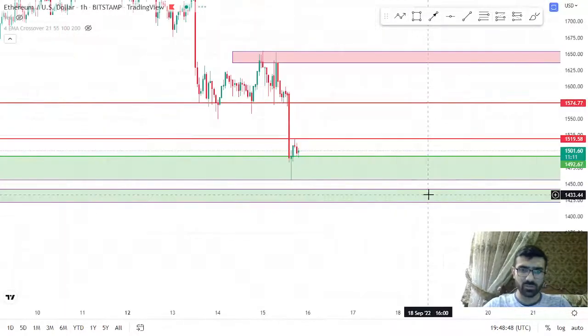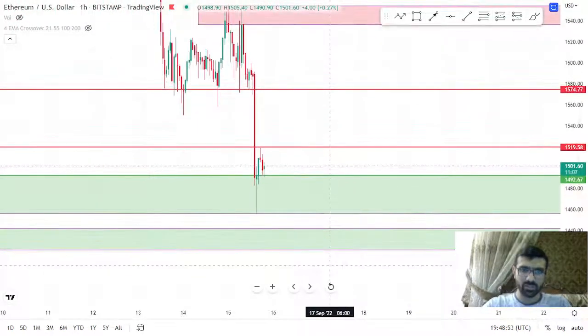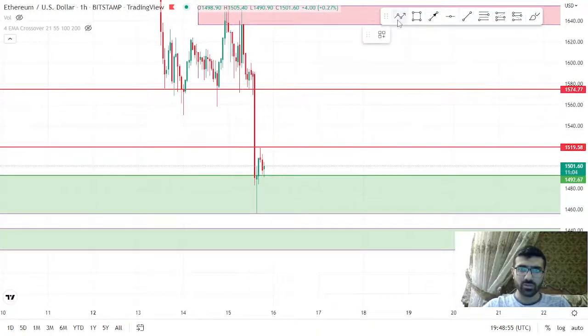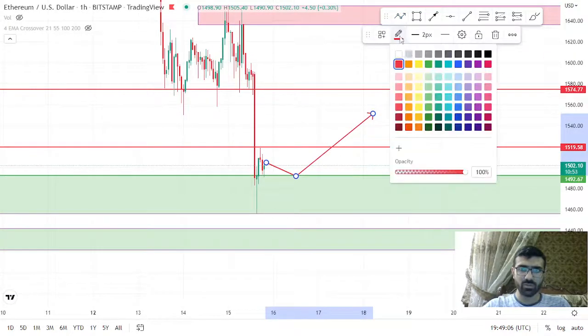Now let me go back to the 1-hour chart. Now let us take all the trades in this pair. So if we are vigilant enough, then we are going to buy this pair. If market tests this area of support and market closes above this area, we are going to go long.